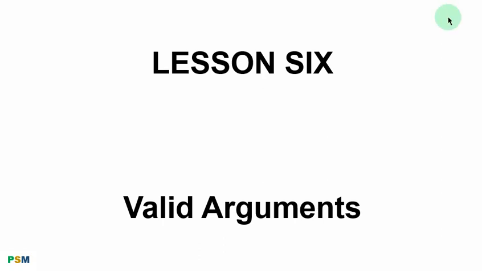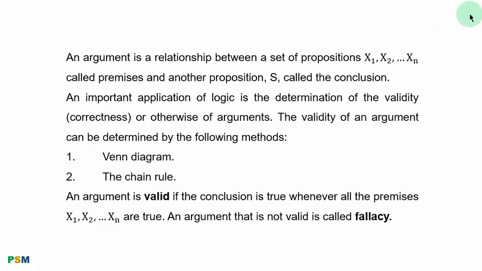Lesson 6: Valid arguments. An argument is a relationship between a set of propositions S sub 1, S sub 2 till S sub n, that is subscript 1, 2 till n, called premises, and another proposition S called the conclusion.